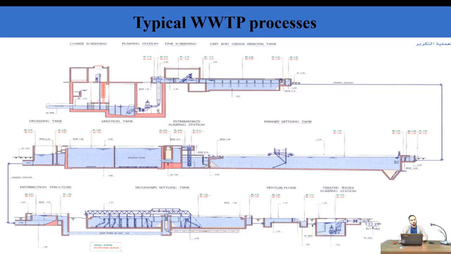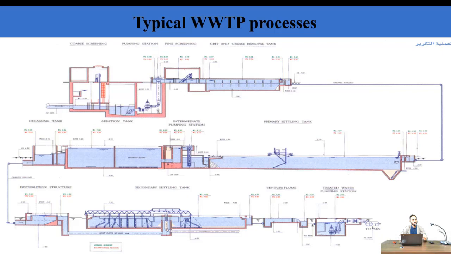After that, the wastewater goes to the grit removal, or grit chamber, for removing silt and small particles. These treatments in the first row of this slide represent the primary treatment.